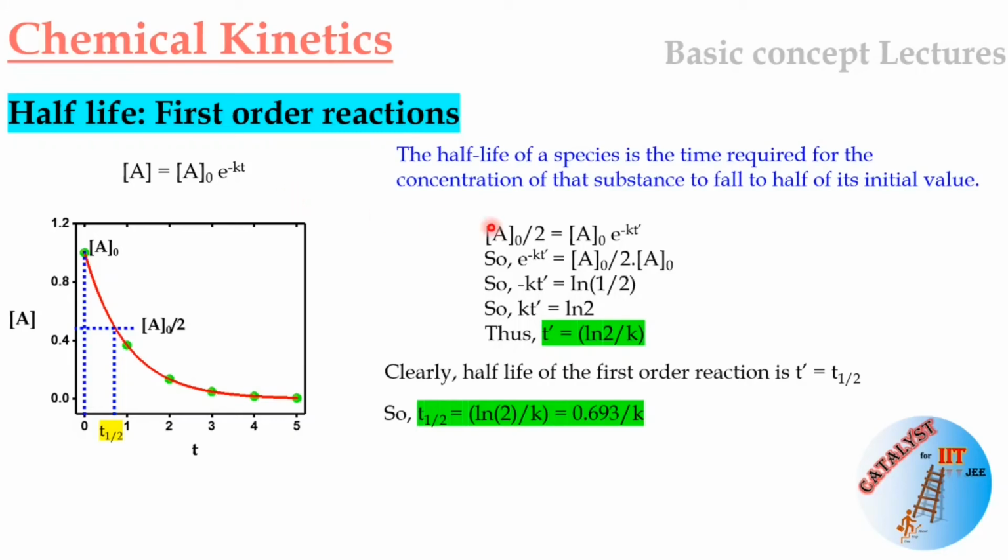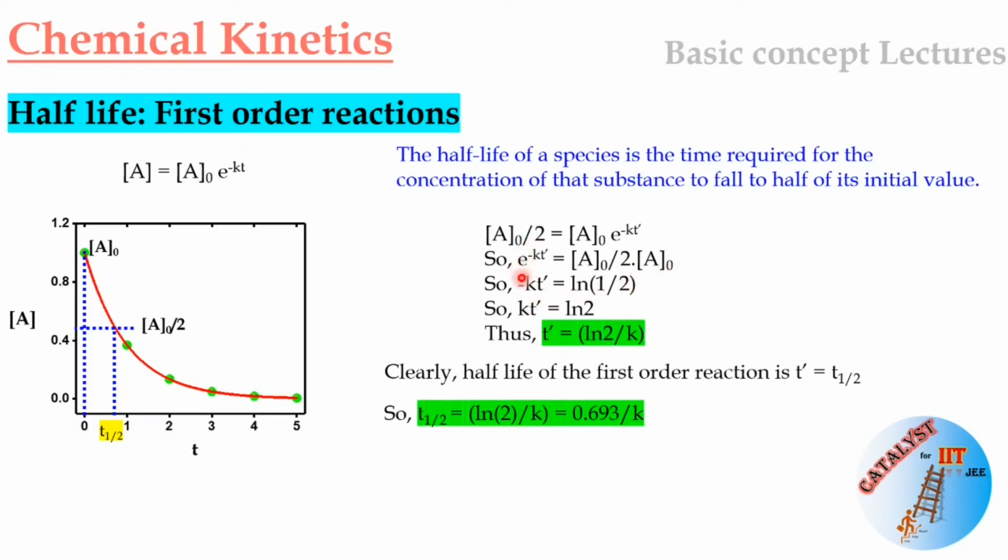Now at t half, which is written as t prime here, your concentration of A becomes A naught by 2. So A naught by 2 equal to A naught e to the power minus k t prime. So you can cancel out A naught, and you get e to the power minus k t prime equal to 1 by 2.